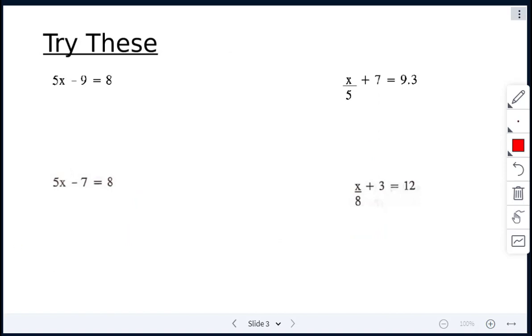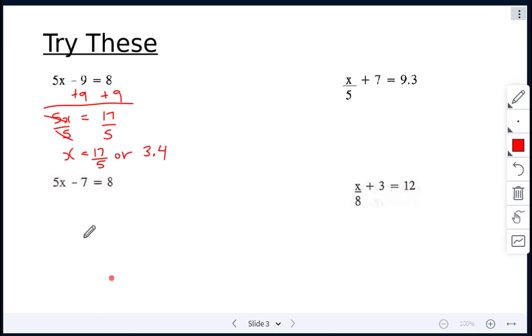Okay, so the first one, we have 5x minus 9. We're just going to add 9 to both sides, which is 5x is equal to 17. Divide by 5 on both sides, which leaves me with x is equal to 17 over 5, or if you put it into decimal, it is equal to 3.4.